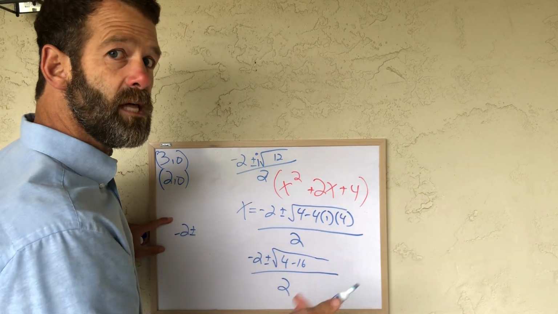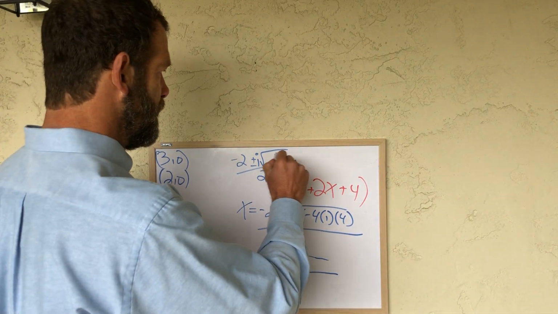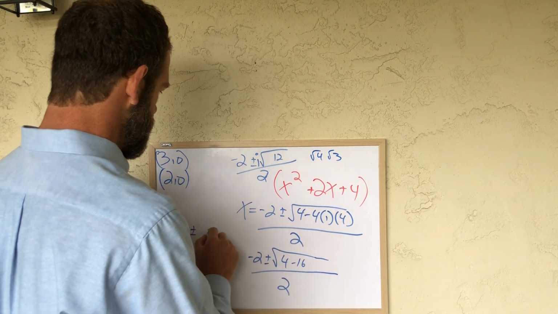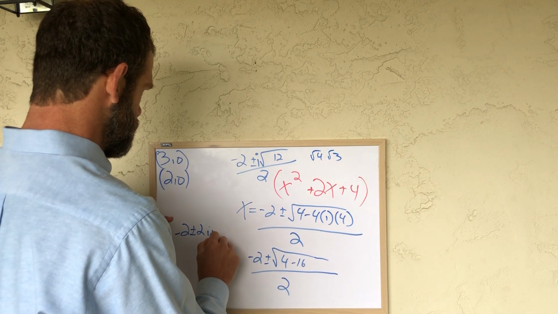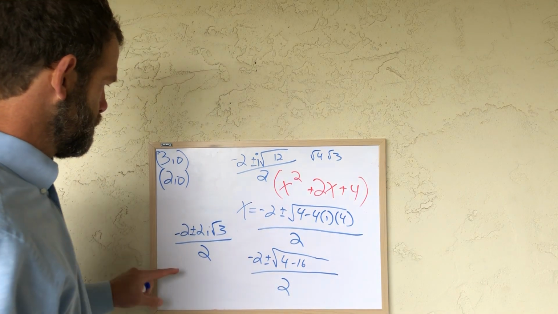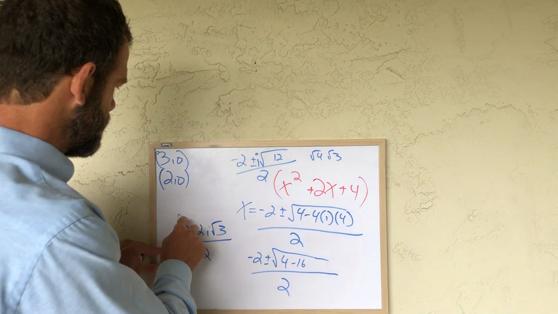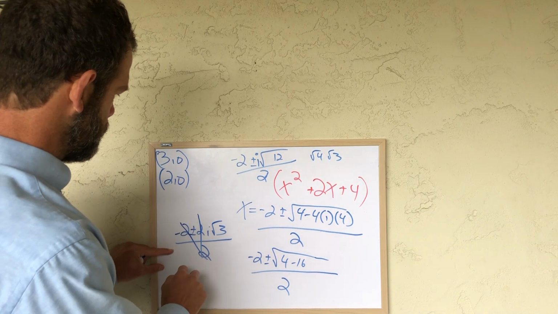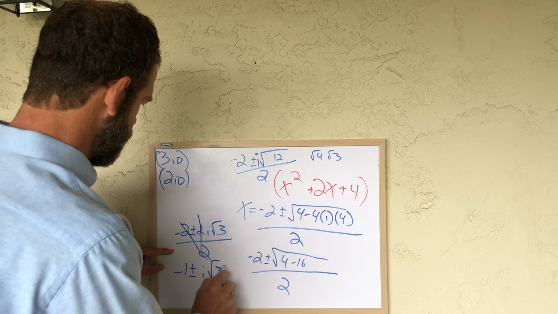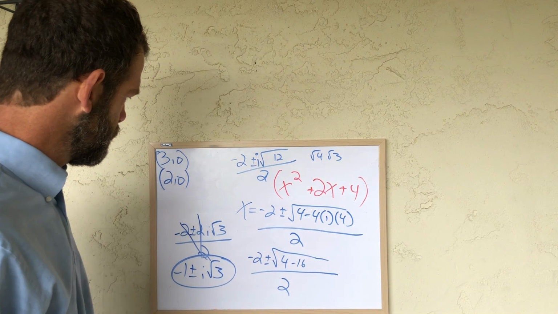This is a STEM class. You guys should understand that square root of 4 times the square root of 3 is root 12. Square root of 4 is 2. Which gives you, you can cancel, and you would say negative 1 plus and minus i root 3 would be your other solution.